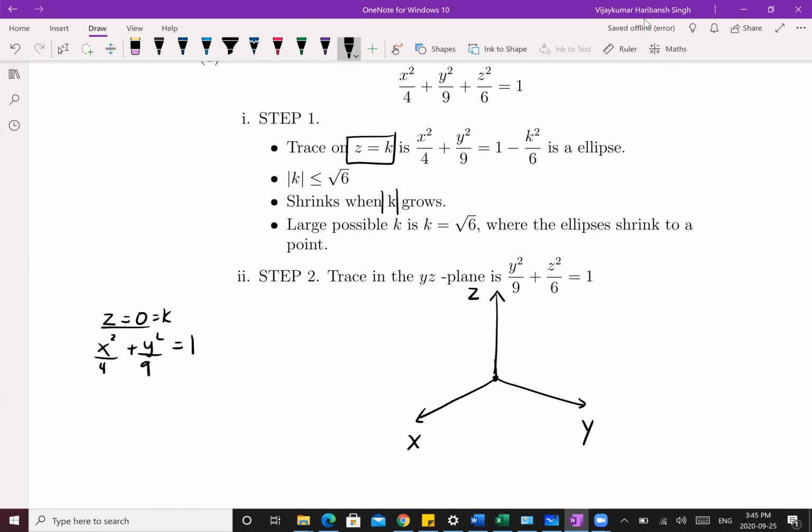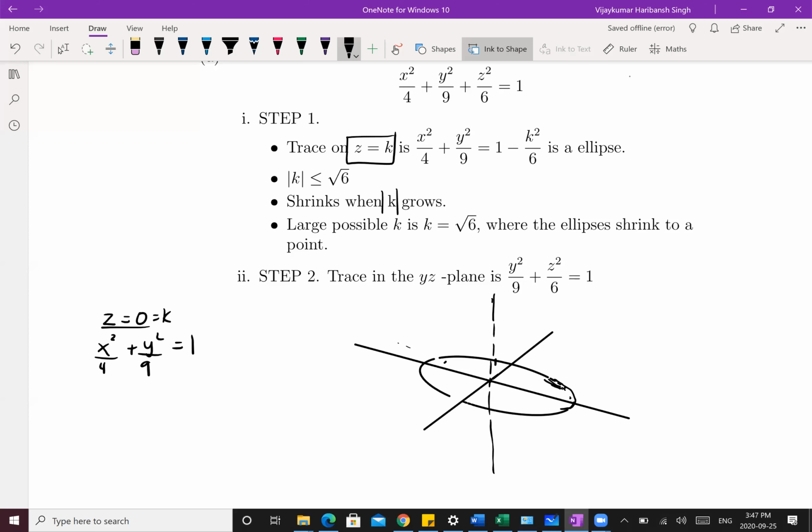So here we go 1, 2, here we go 1, 2, 3. Then let's just draw it. So I drew this ellipse for the trace k equals 0 in the horizontal. Now, as we go up further and further, this should be drawn dotted because it's not in the front.